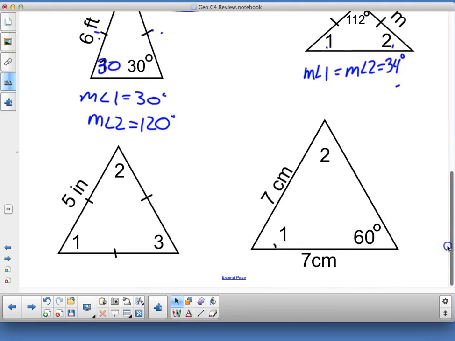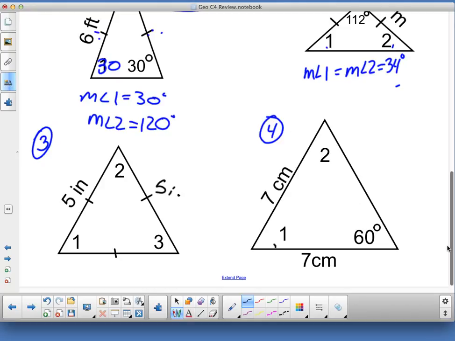Now, the last two. What do you know about question 3, we'll call it, and question 4? What do you know about question 3 right now? It's equilateral. How do you know? Them little dashes, them tick marks in approximately the center of that side. And each one of those sides are how long? 5 inches, because them tick marks mean that they're all the same.